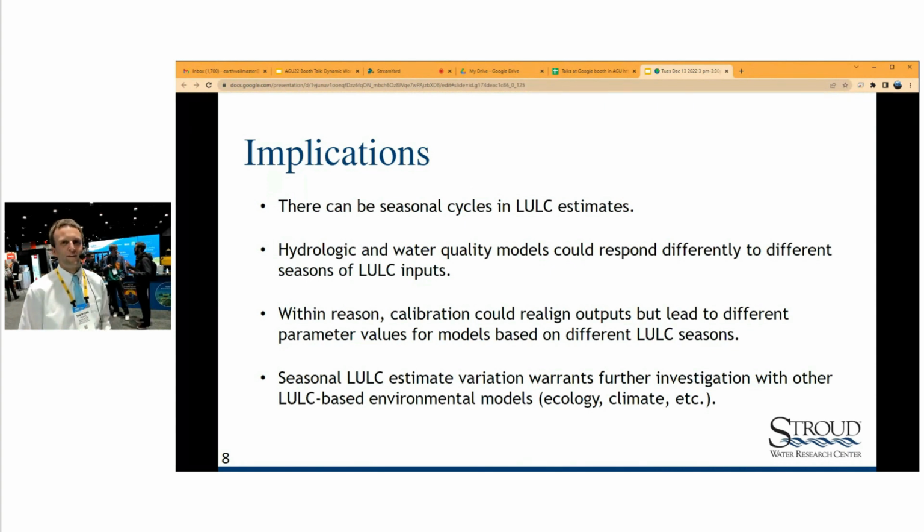We would also be interested in doing this investigation in non-temperate watersheds. We only examined temperate watersheds, but it would be interesting to see how, say, an arid or a mountainous or a tropical watershed would respond to being modeled with the different land cover seasons.